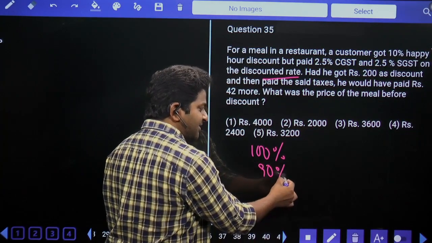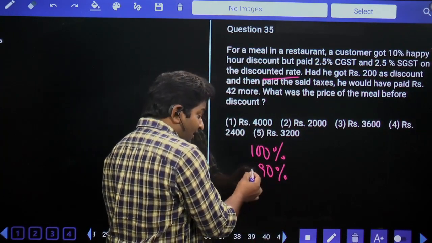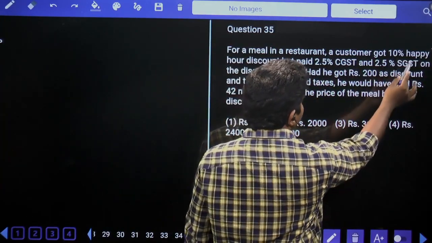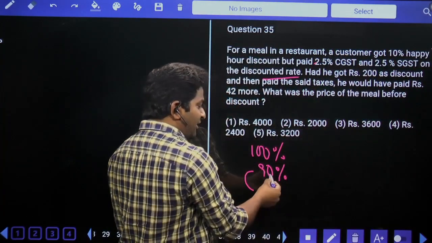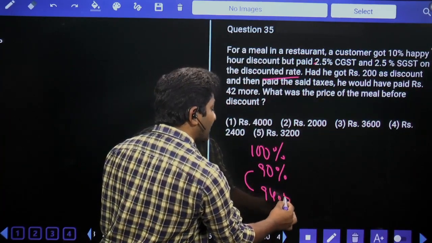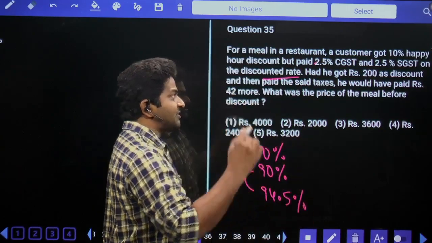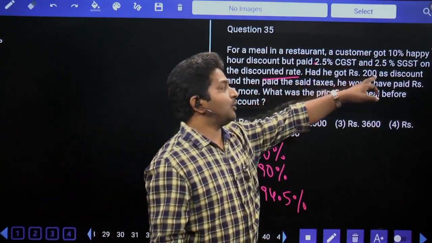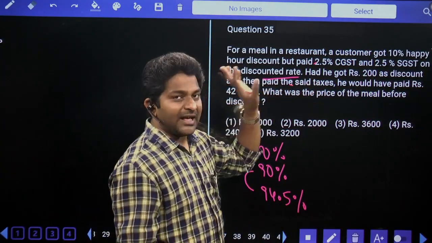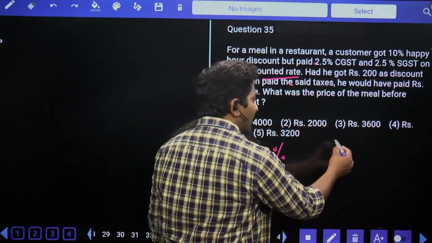That means 90%. And again on this he is charged 2.5% CGST, 2.5% SGST, total 5%. 5% of this number is 4.5. That means he is paying 94.5%.